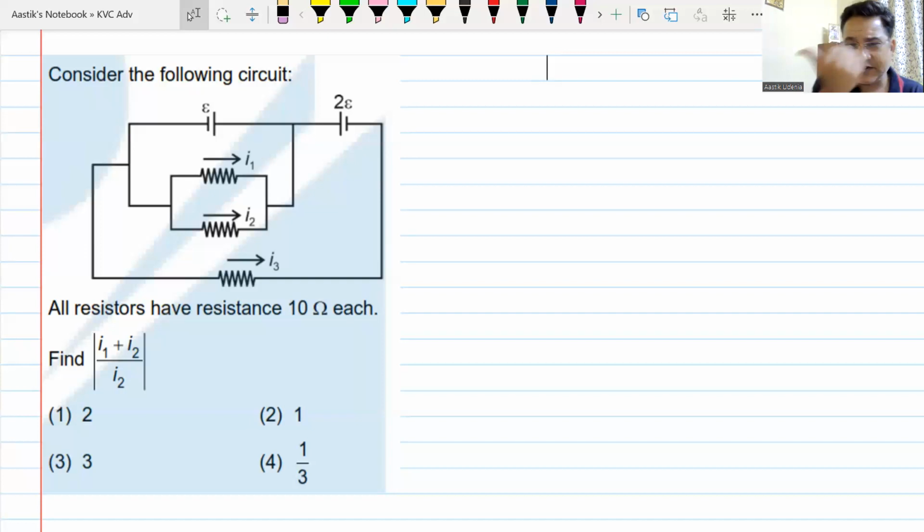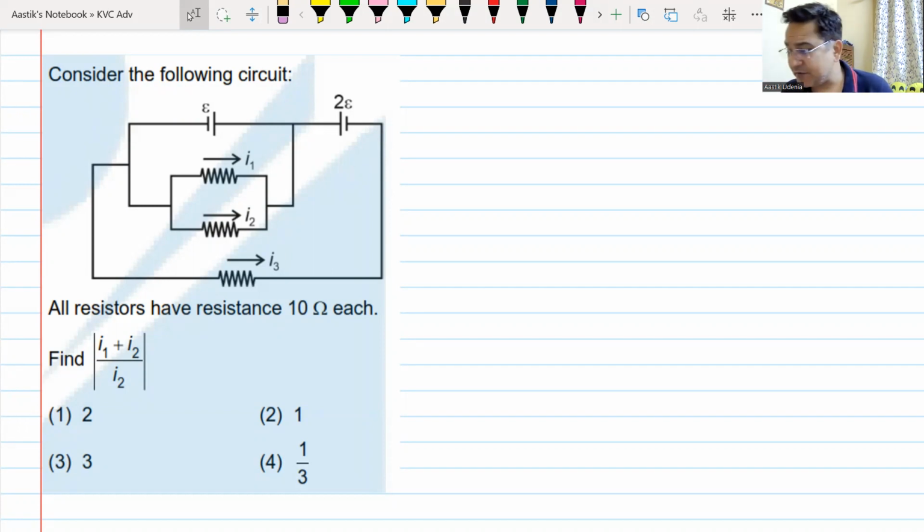You don't have to use the negative values. You just want the value of I1, I2, and I3. It's not a vector quantity, it's a scalar one. Option 2 is absolutely correct.